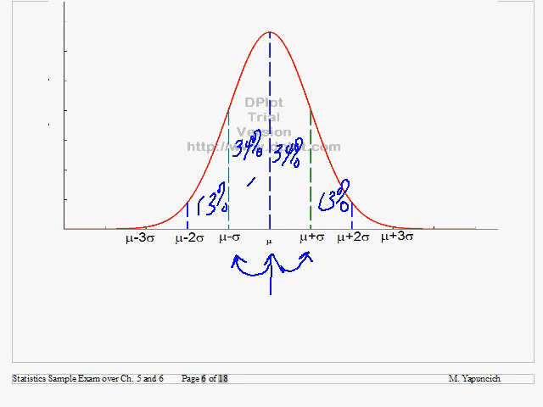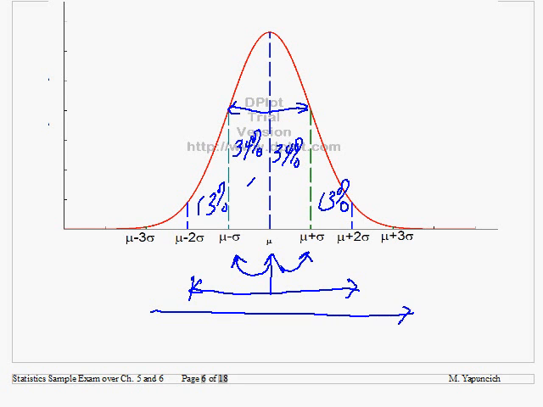Now 68% of the data about the mean lie here because you just add the 34 and the 34. The next one was the 95, and it's going to go from here over to here. And for the 99.7, it's out to the third standard deviation about the mean. This would be your 68%, say this is 95%, and this is your 99.7%. So you have to know that.